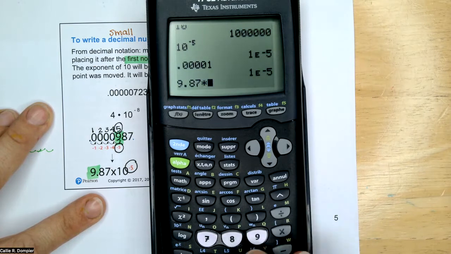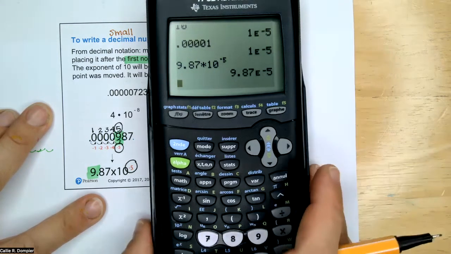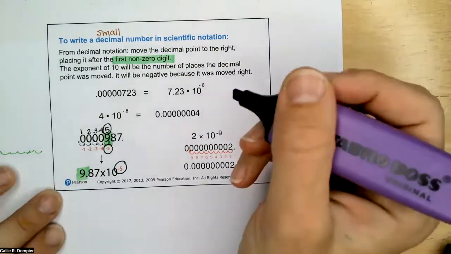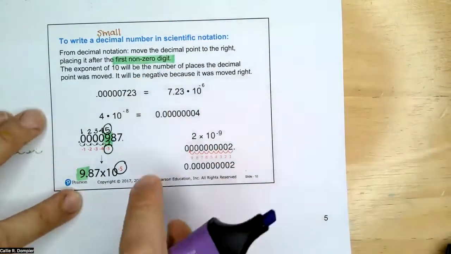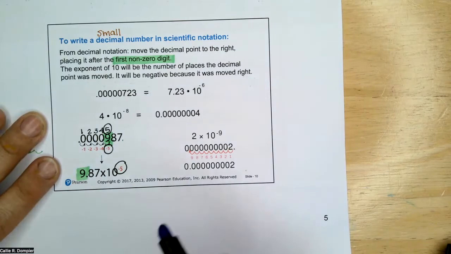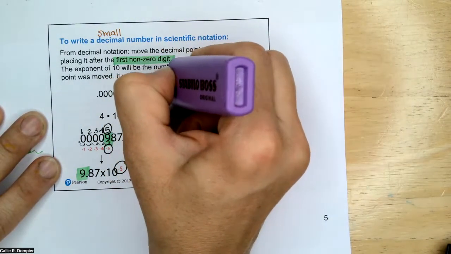9.87 times 10 to the negative fifth is, all right, so the important thing to understand is if the decimal point was moved right, it's going to be negative.